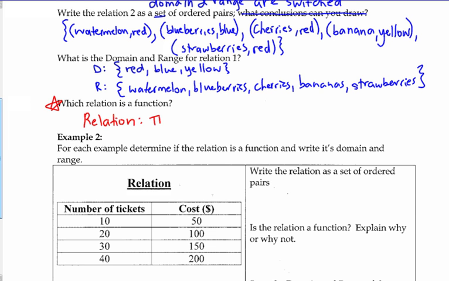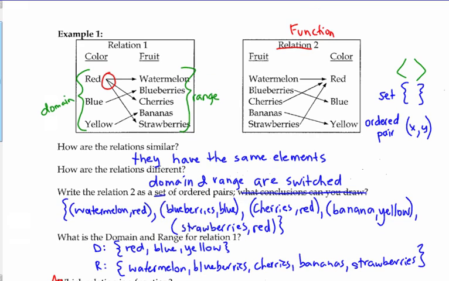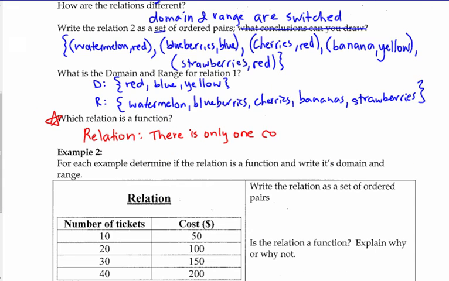So what's our output in this case, in relation 2? More specifically, color. So there is only one color. That's our output for each fruit, which is our input. X is the input. There's only one color for each fruit.